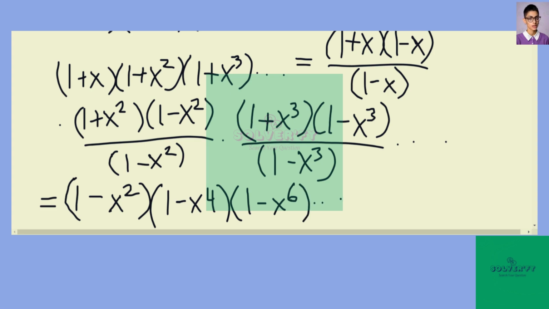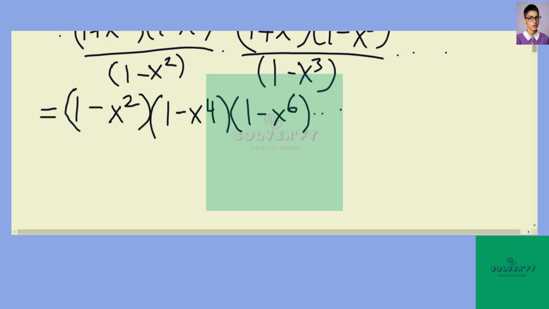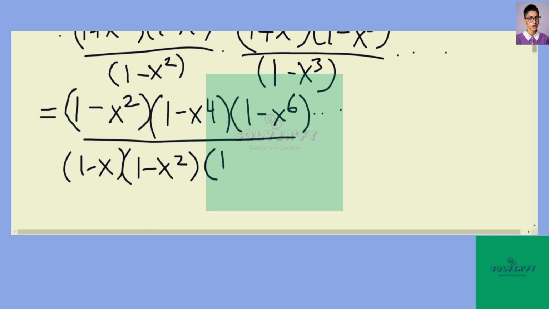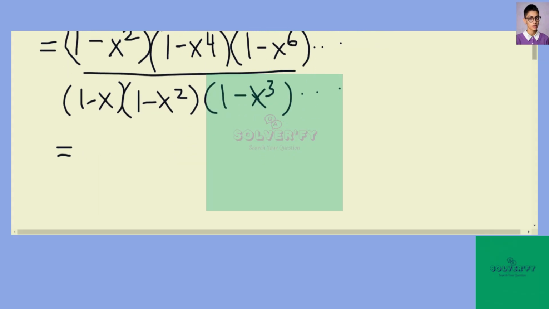And in the denominator, we're going to have 1 minus x times 1 minus x squared times 1 minus x cubed, and so on. And so we see that the terms in the numerator are going to cancel out with the even terms in the denominator.